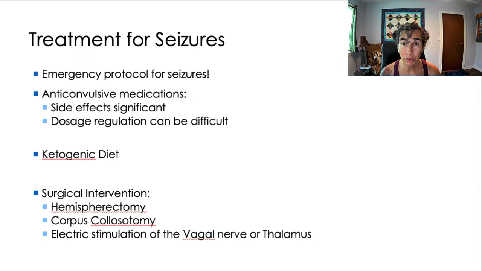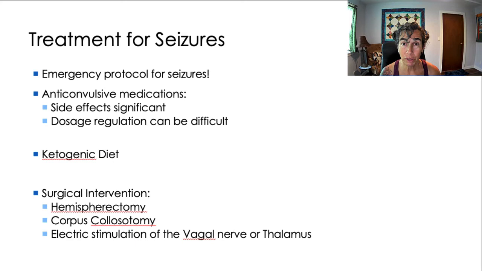And dosage regulation can be difficult, right? We have a child that's growing and changing their body weight at a pretty rapid rate, all things considered. So regulating the dosage due to that, and also just figuring out what is exactly the right amount that doesn't put the child into this very lethargic state, but is enough to control the seizures, can be difficult.